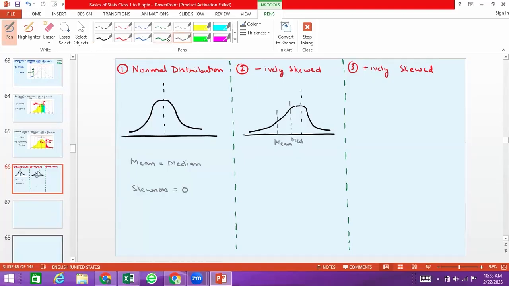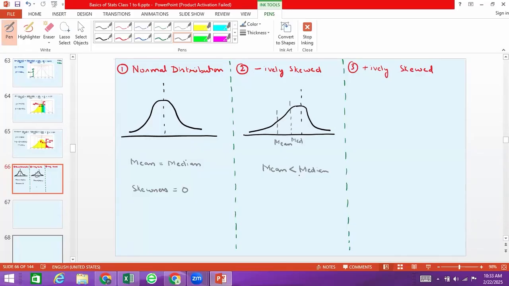Okay, so in this case, what will happen? Your mean will be less than the median. Why? Because this fat tail, these values which are distributed towards the negative side, will pull the mean towards itself. So the mean will become lesser than the median. I will not call them outliers because these are not a few values; there is a significant number of values on the left-hand side.